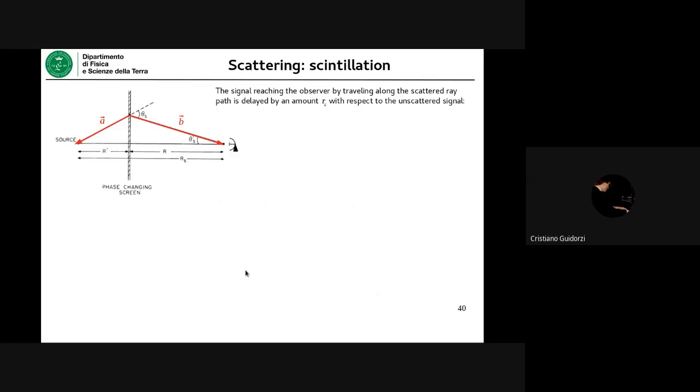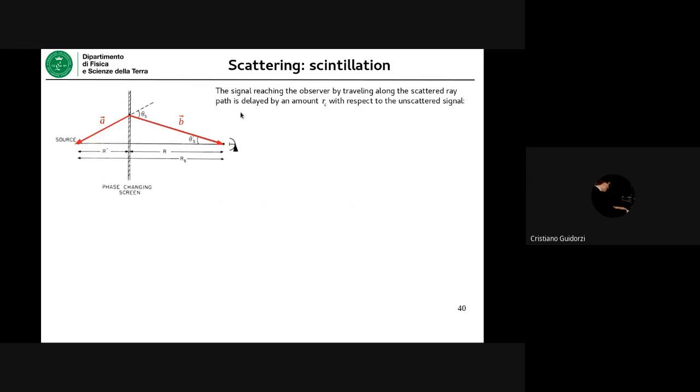There is also another aspect to consider. Let's suppose we have two rays, one which gets through the medium in an unscattered way, so just along the line of sight, and another one at the same wavelength I'm considering, which is then traveling over a longer path, is up to here and then is refracted and then just goes here, and the two combine here.